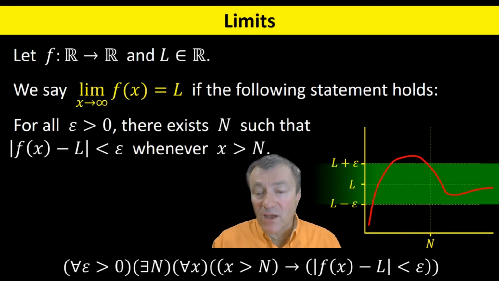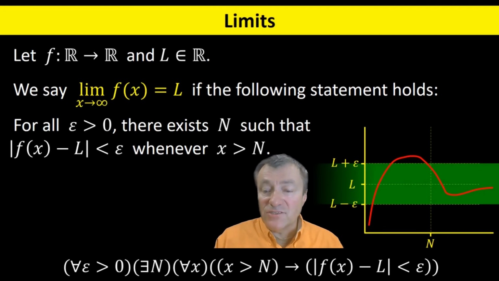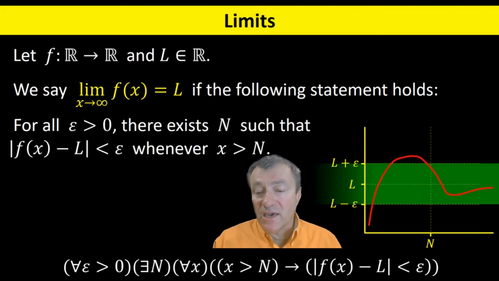Just slightly more complicated. To paraphrase, you can guarantee the function getting within any required interval centered at L just by taking x to be large enough. How large? And that depends on how close you need the function to be within L.